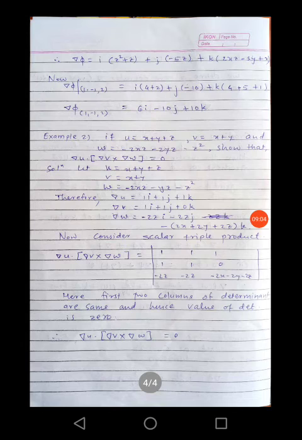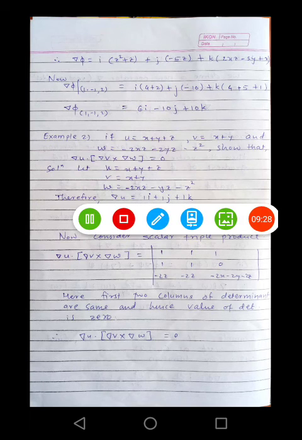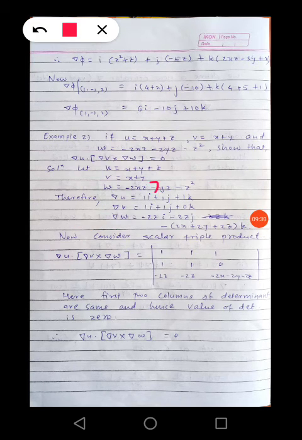Let u is equal to x plus y plus z, v is equal to x plus y, and w is equal to minus 2xz minus 2yz minus z square. Sorry, I had mistakenly written it incorrectly here.